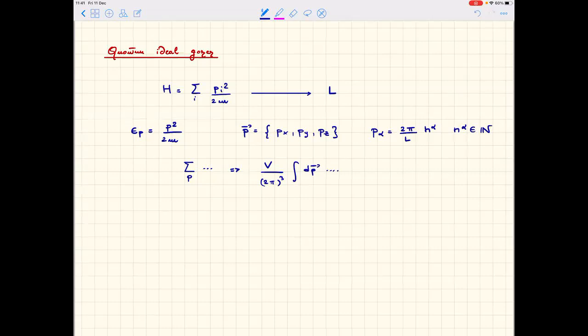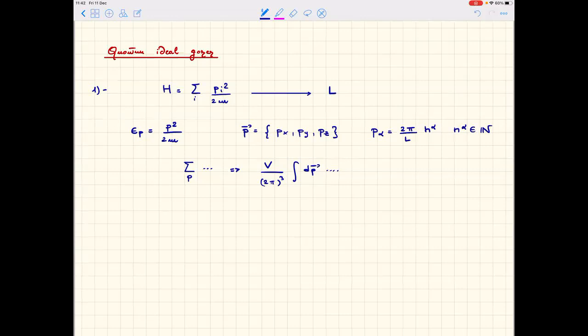So let's keep all of this in mind for the future. All of this is just a summary of something that you're supposed to know from quantum mechanics, which is just the diagonalization of a free particle, either with periodic boundary conditions or with hard wall boundary conditions, but in a three-dimensional geometry.